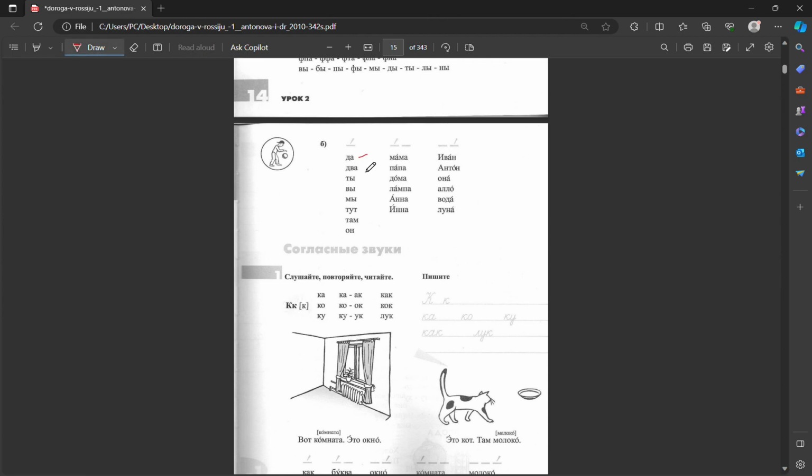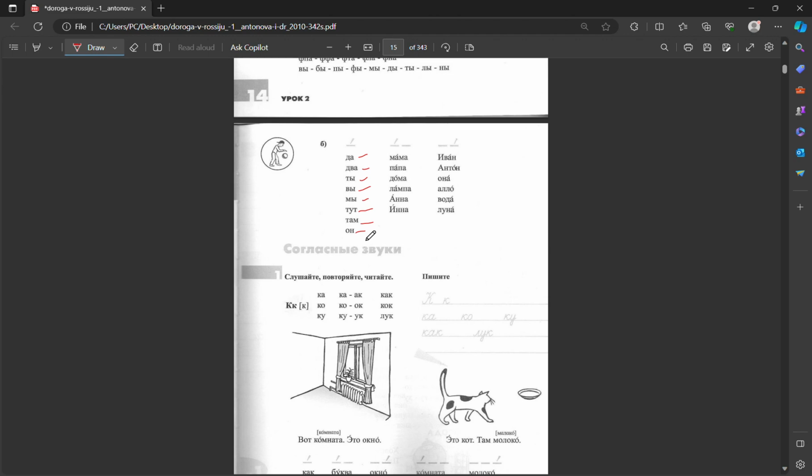Da, dva. Da means yes. Dva means two. Ty means you, but informally. Вы means you in plural, and also you as a formal way. We have мы, тут, там, он.